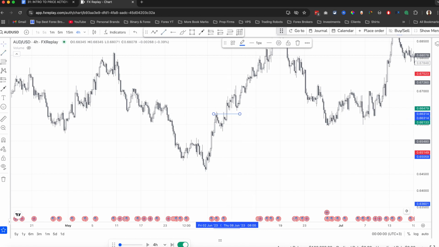It broke the key level, it tested the key level, then it broke again, and then it retested the key level. This is now a break, this is another one here. You see, it broke, and then it retested the key level.